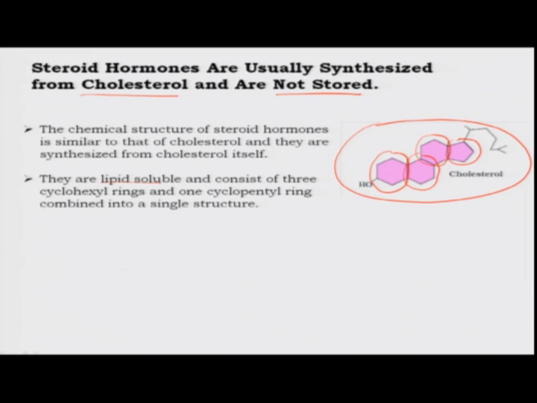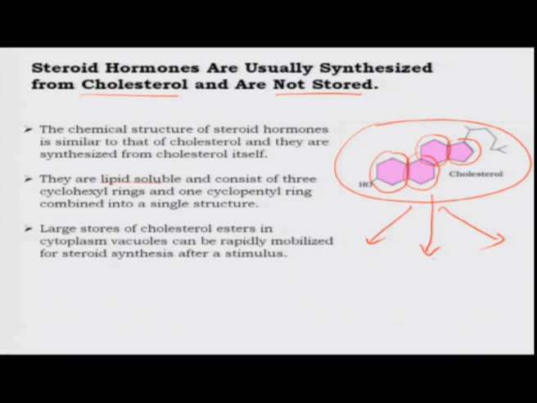Besides this, there is an additional group attached here, and there is a hydroxyl group attached here. Now, when this cholesterol molecule undergoes a series of modifications, so different groups are attached or removed from this molecule, it results in the formation of the different kinds of steroid hormones that we will talk about later. Anyway, large stores of cholesterol esters are present in the cytoplasm, ready to be mobilized into steroid synthesis when necessary.